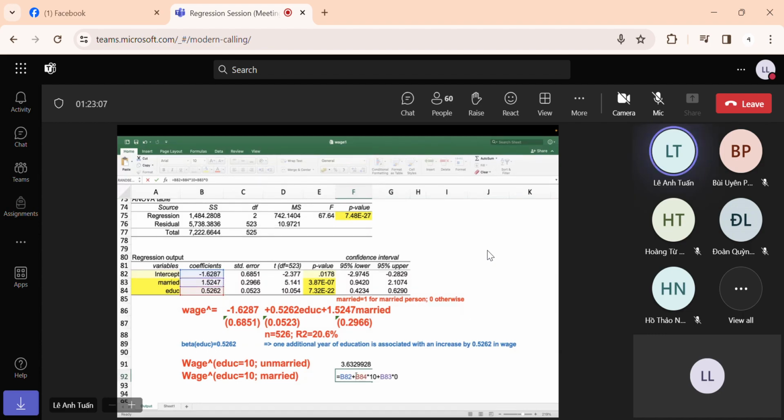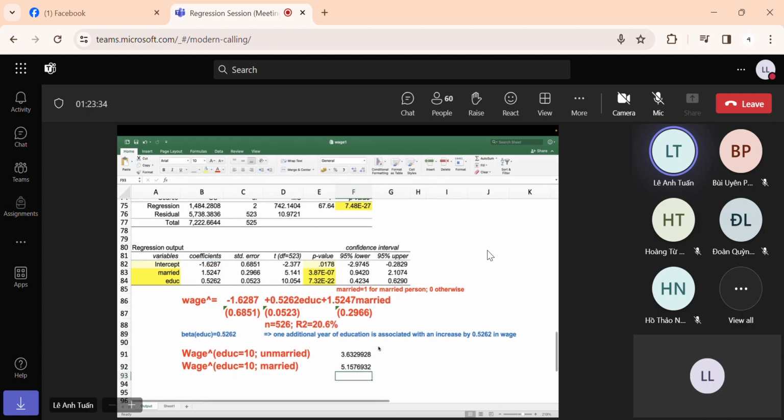Here we still have the constant, we have the coefficient on the education, and the education level equal to 10 too, right? And now this is the married people, and because they are married, the variable marriage equal to 1. And here we have the coefficient of marriage times 1.